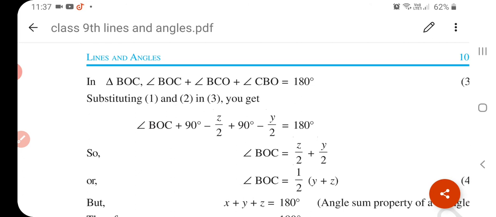So put in the values of BCO and CBO: 90 minus Z by 2, 90 minus Y by 2. Then 180 on both sides is cancelled, so BOC is equal to Z by 2 plus Y by 2, that is 1/2 (Y plus Z).